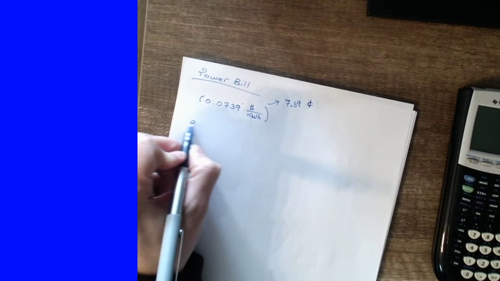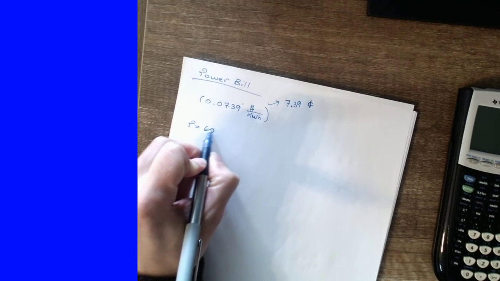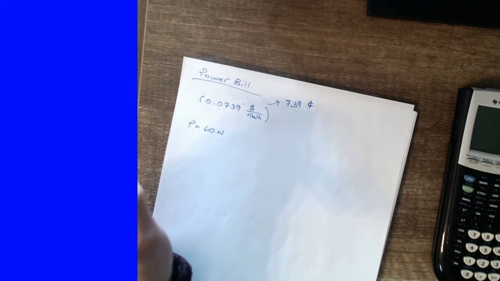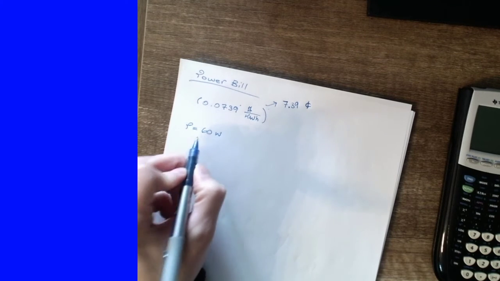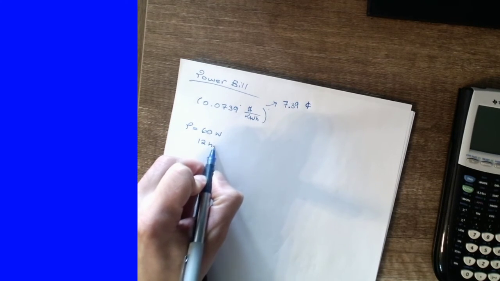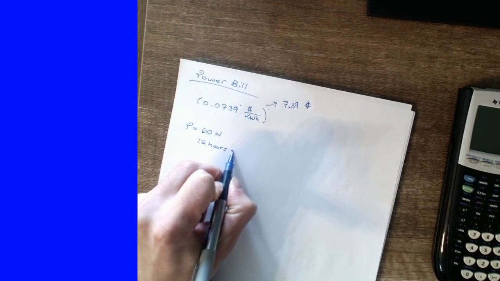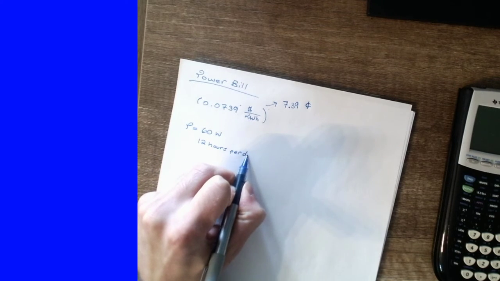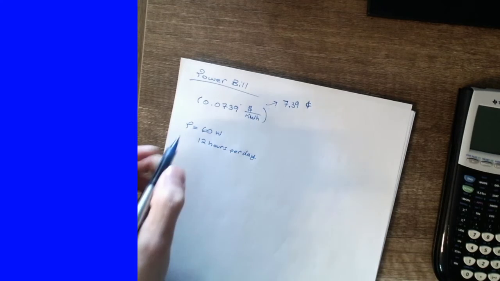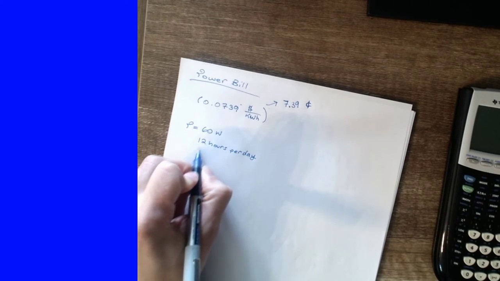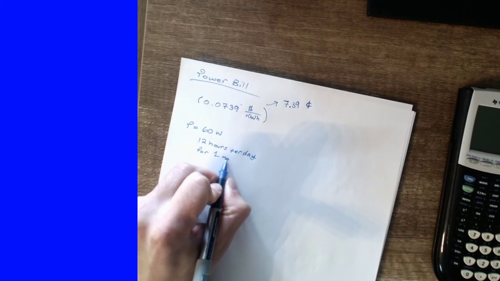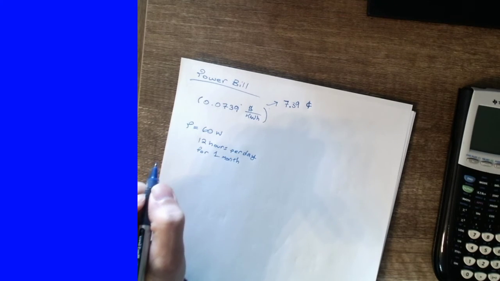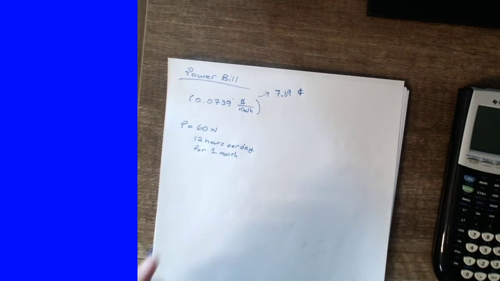So we know that the power rating for an incandescent light bulb is 60 watts. We know that it's 12 hours per day, and usually the power company charges you every month, so for 1 month. And this is kind of how we do this.